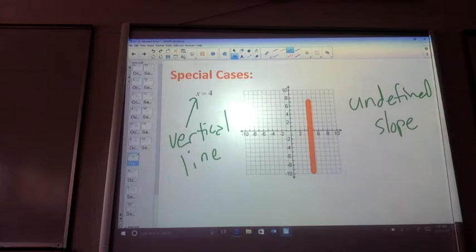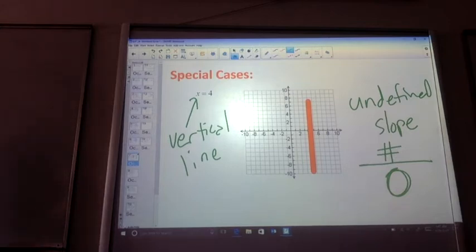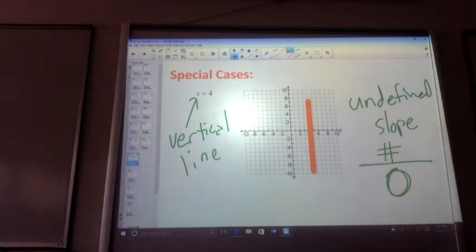If you used your slope equation, you would have 0 on the bottom, and there would be some number on top. Some number divided by 0 is undefined. So if the 0 is under, in the denominator, it's undefined.